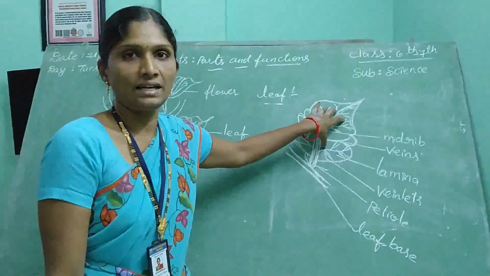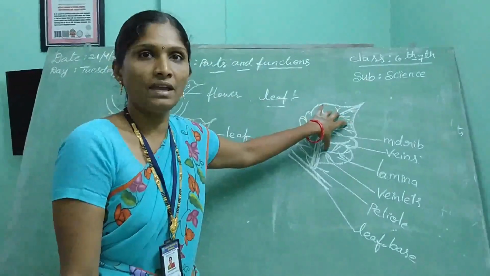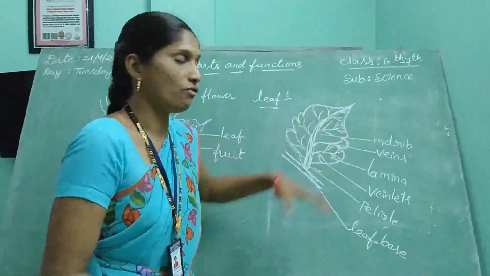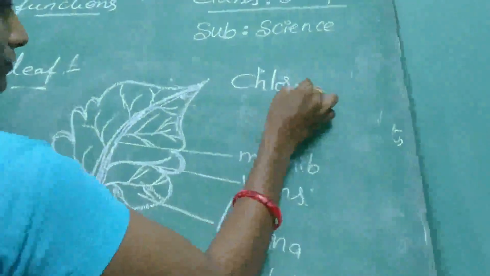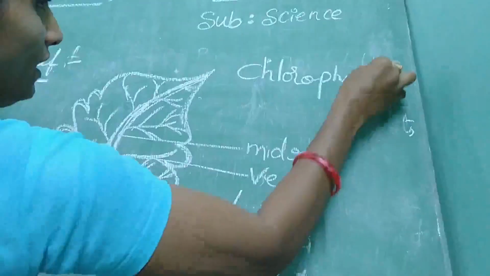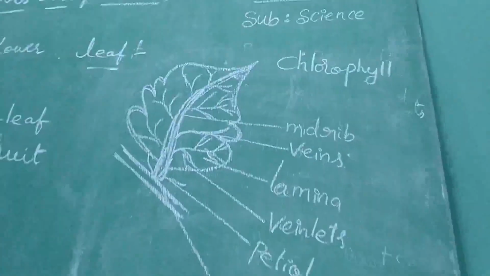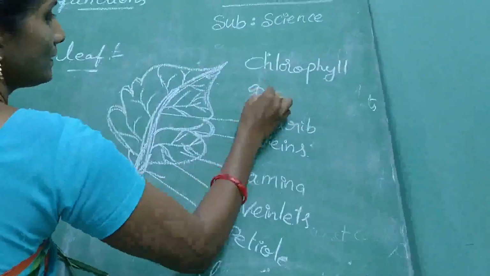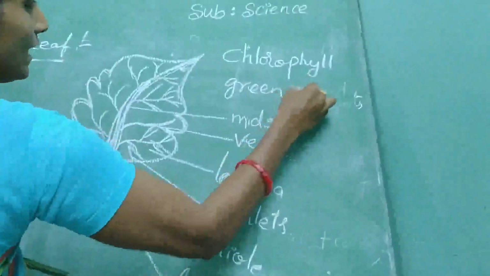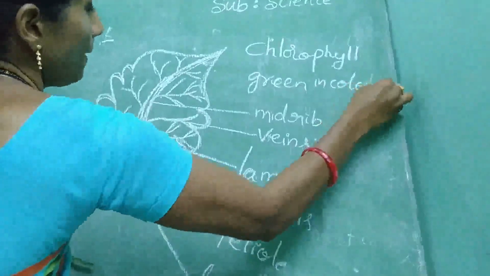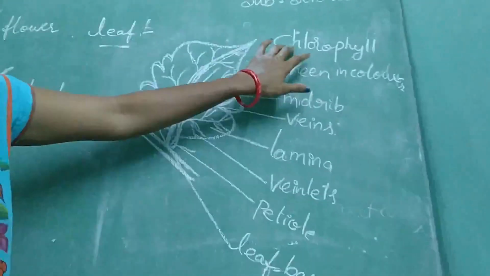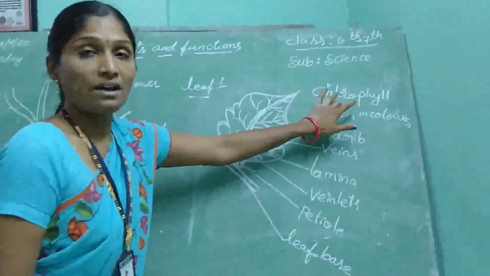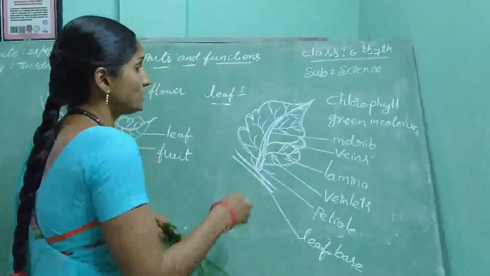The leaf has a pigment called chlorophyll, and chlorophyll helps the process of photosynthesis.